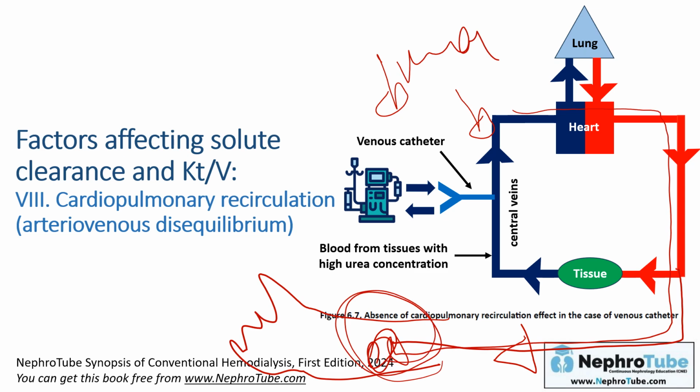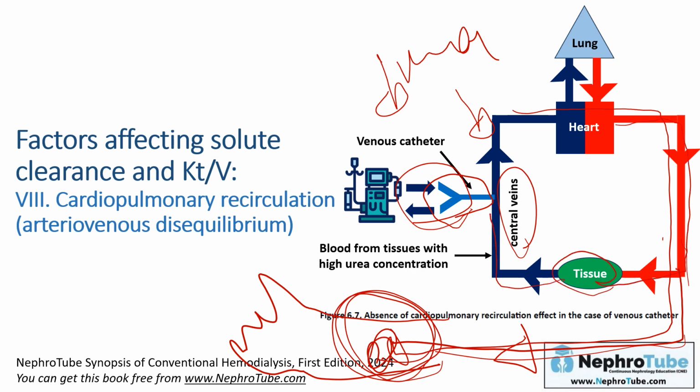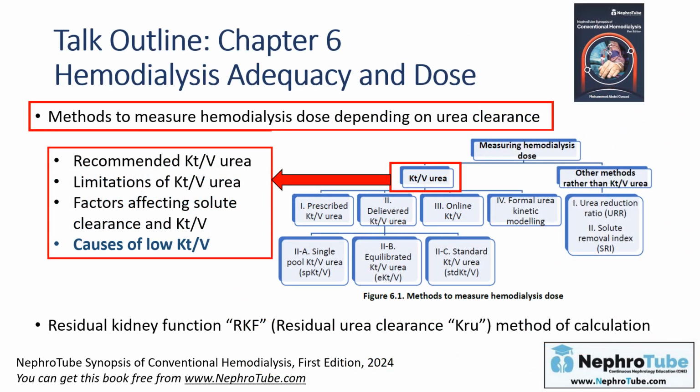So the blood in the fistula is with low urea concentration, because the fistula takes its blood from the arterial system, while catheters take their blood from veins. So the blood here, which is coming through the tissues, will go to the catheter with high urea level. So cardiopulmonary recirculation has no effect on venous catheters, but has an effect on arteriovenous fistula and graft. From all that we mentioned, let's collect in a few points the causes of low Kt over V.